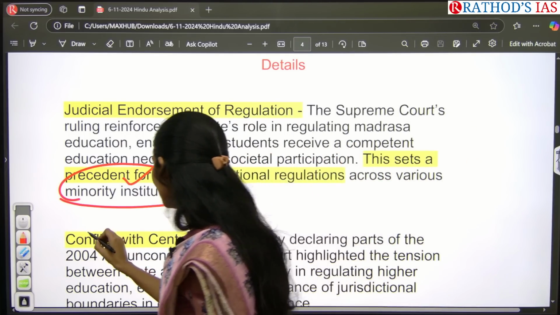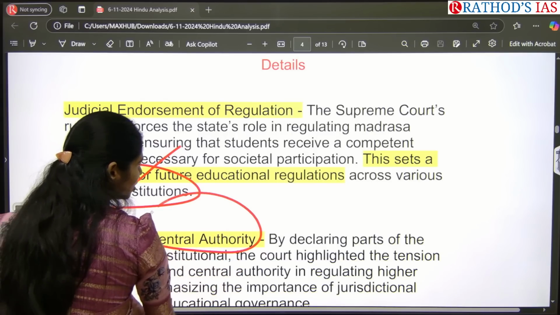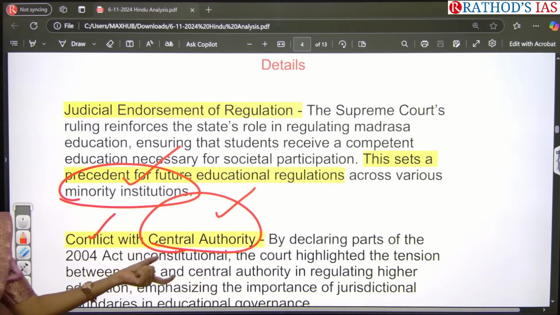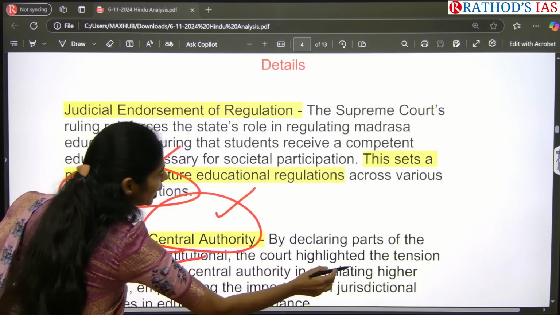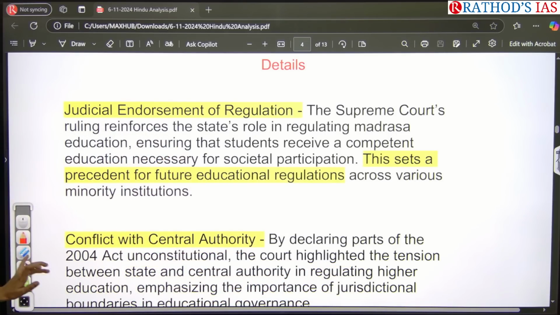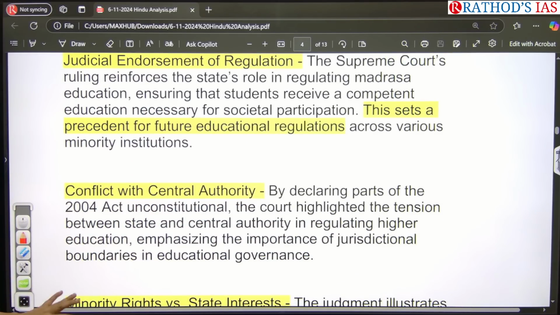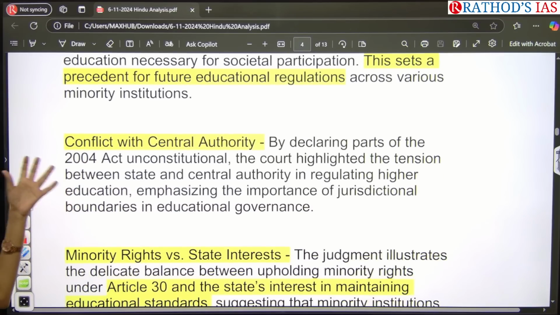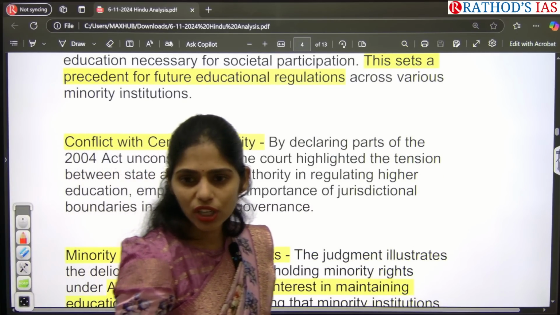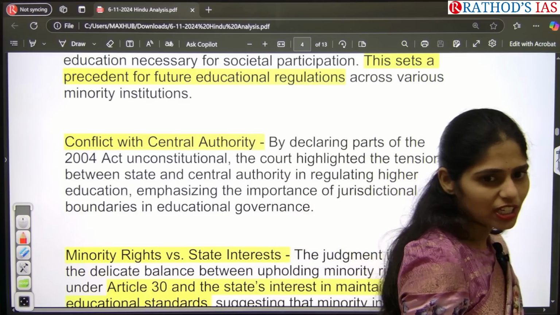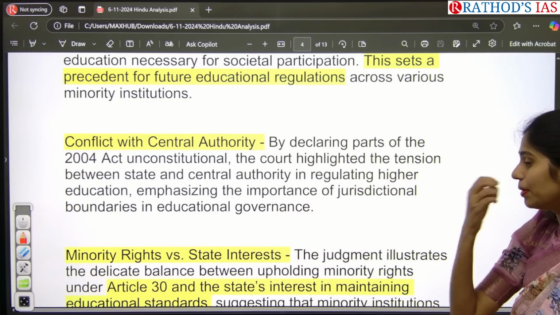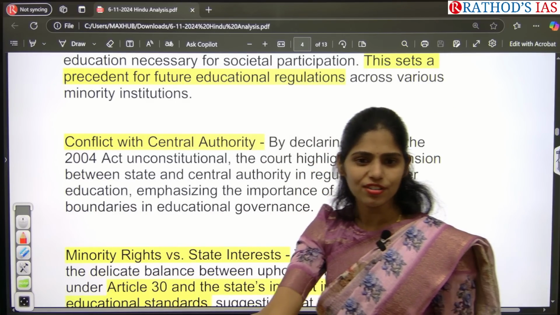There is also some conflict with the central authority now, because whenever we declare certain parts of this act unconstitutional, the court is highlighting that there is increasing tension between the state and the central authority regarding regulation of higher education. As I said, UGC will control higher education in our country, and below 10th it will be controlled by the state.